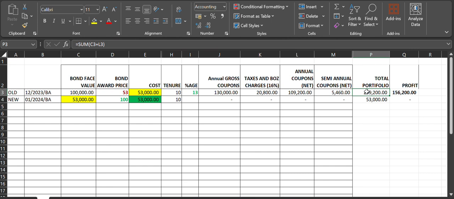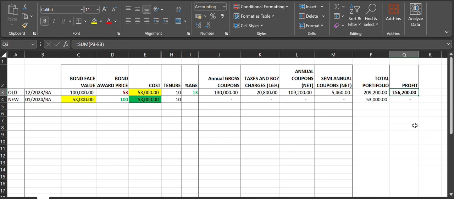This is after they have removed the taxes and the administrative fee. So this is guaranteed income for you. Let us subtract your cost, the 53,000 kwacha, meaning your profit is 156,200. That was the old method of issuing bonds.